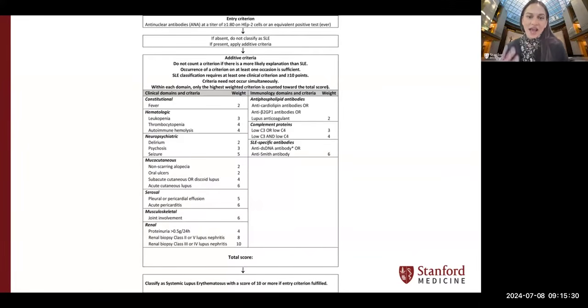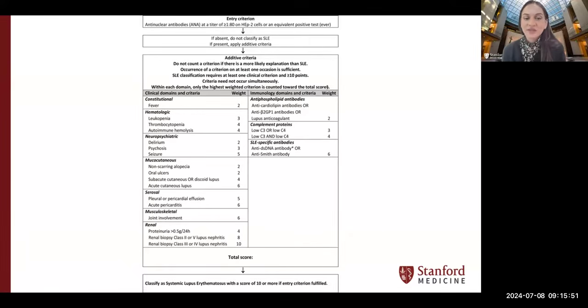They wanted to add some of the other findings that we have in lupus. So it's this nice scoring system, which makes it easier for some people to help diagnose. Because again, if they just come in with fatigue and a positive ANA, there are lots of other diseases that can correlate with that. And so for lupus, it's about understanding what the specific issues are.